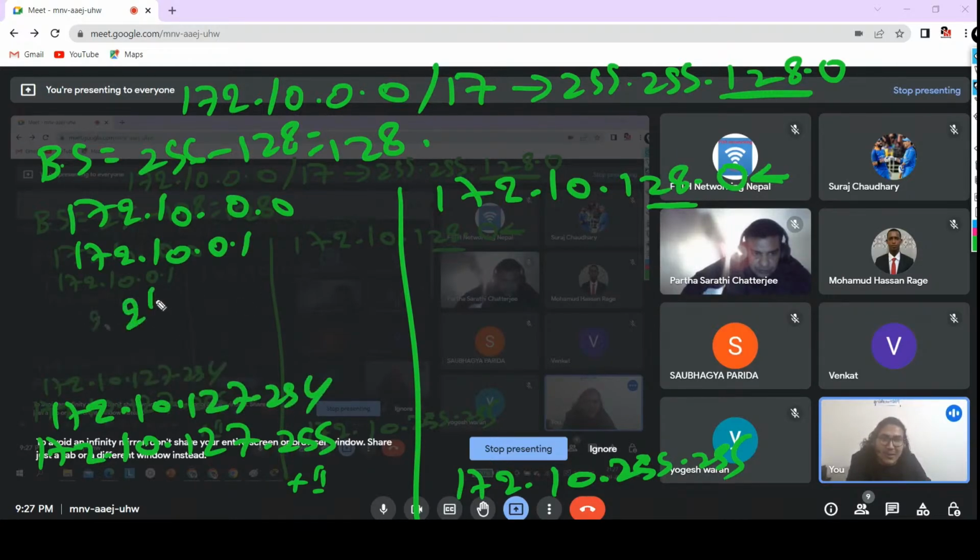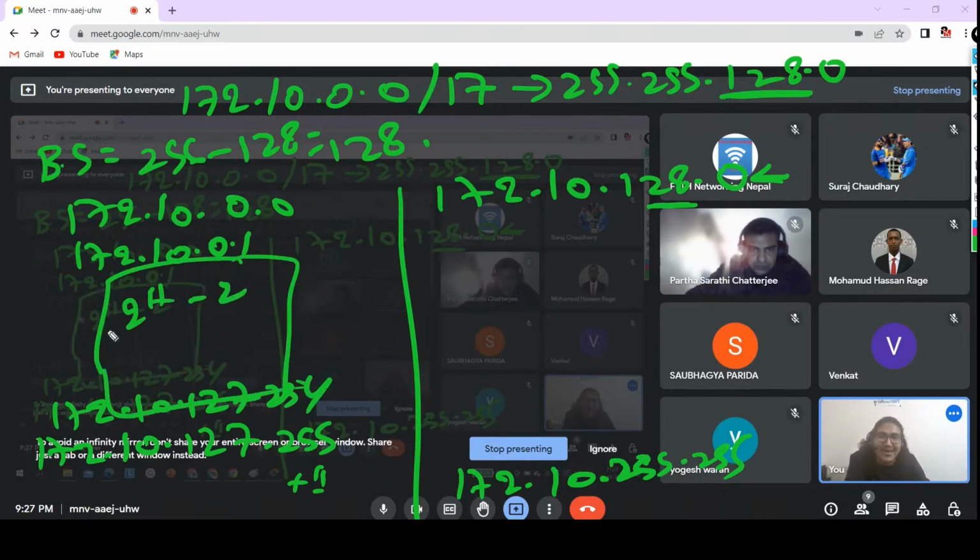How many valid hosts are there? 2 to the power h minus 2. What does h equal? See, out of a 32-bit IP address, 17 bits are network bits, so 15 host bits are there, am I right? So 2 to the power 15 minus 2.